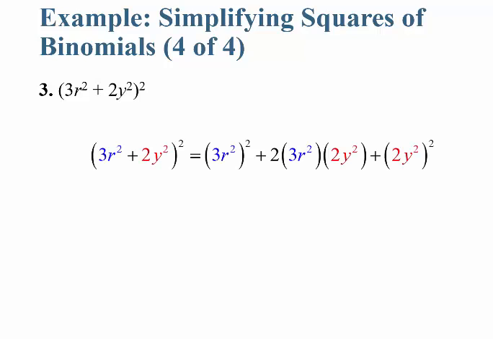This crazy one here, same procedure, 3r squared for a, 2y squared in for b. You get the following. And you can verify this by going through and doing the multiplying 3r squared plus 2y squared times 3r squared plus 2y squared, and you will get the same exact thing.